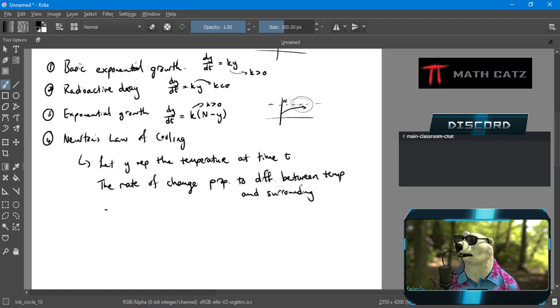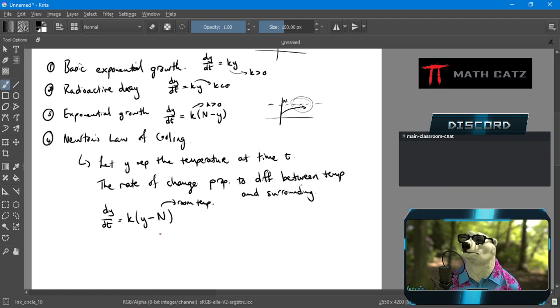So again, I have a similar differential equation: there's my proportionality constant, and this difference between the temperature and the room temperature. In the case of a hot cup of coffee, this is often room temperature or a temperature that is known beforehand.